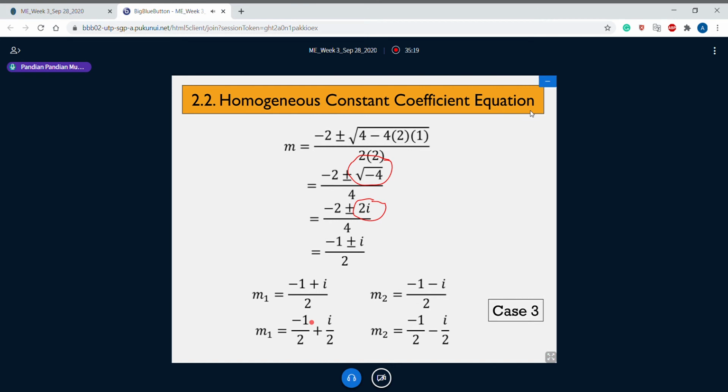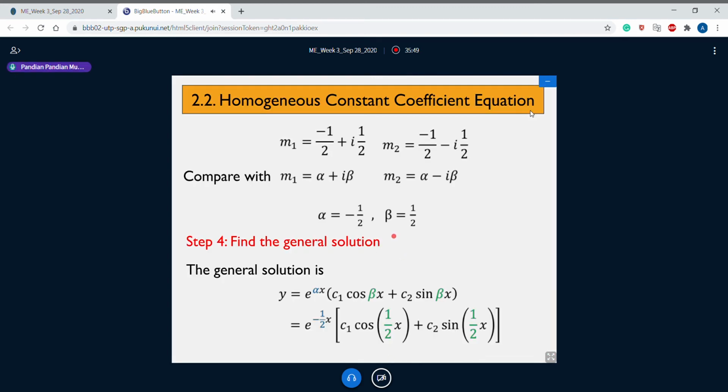So m1 is -1/2 + i/2, and your m2 is -1/2 - i/2. So your alpha is -1/2, and your beta is 1/2, because this is plus or minus. Your alpha is -1/2.